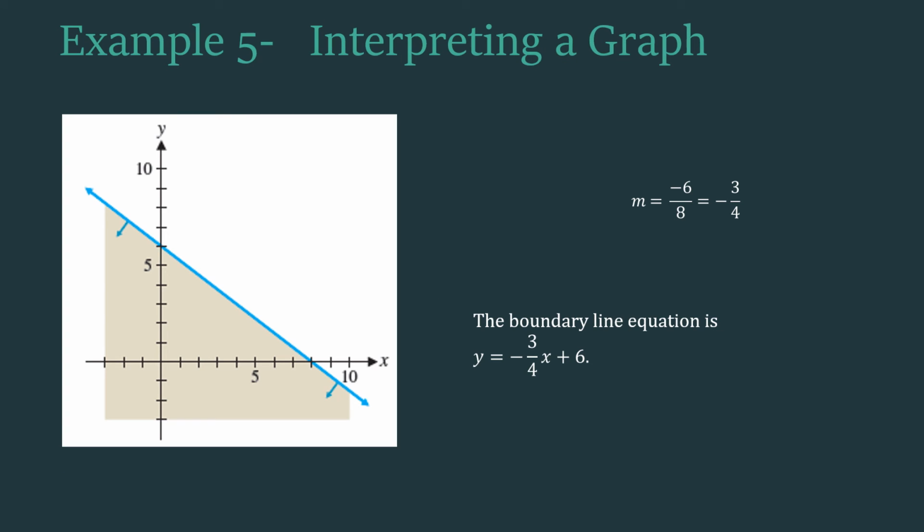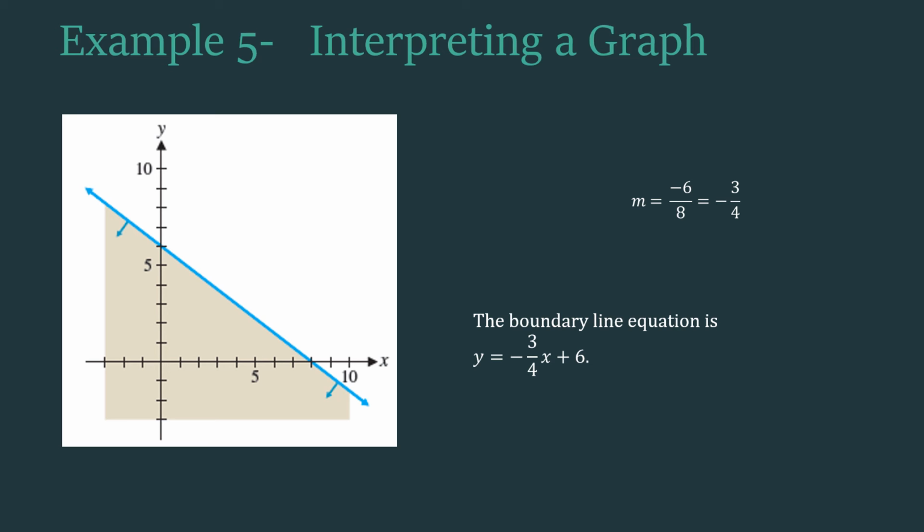Now how to interpret a graph? A graph is given, I would like to interpret this. First I should know what is the equation of the line. I'm going to do the reverse process. Earlier, the equations were given and we were tracing the curve. Now the graph is given, and now we would like to know what that inequality is.